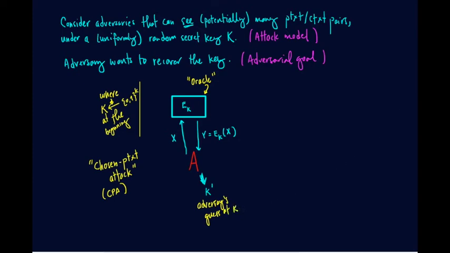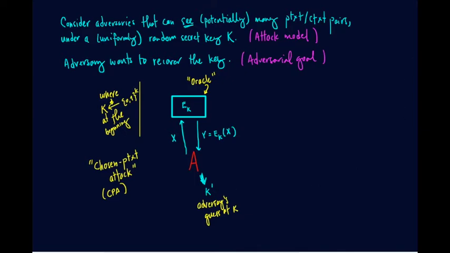That's what k prime is. And so the adversary will win the game if it does what? Well, its goal was to recover the key. So the adversary wins in this attack if, in fact, k prime equals k. So that's the winning condition.